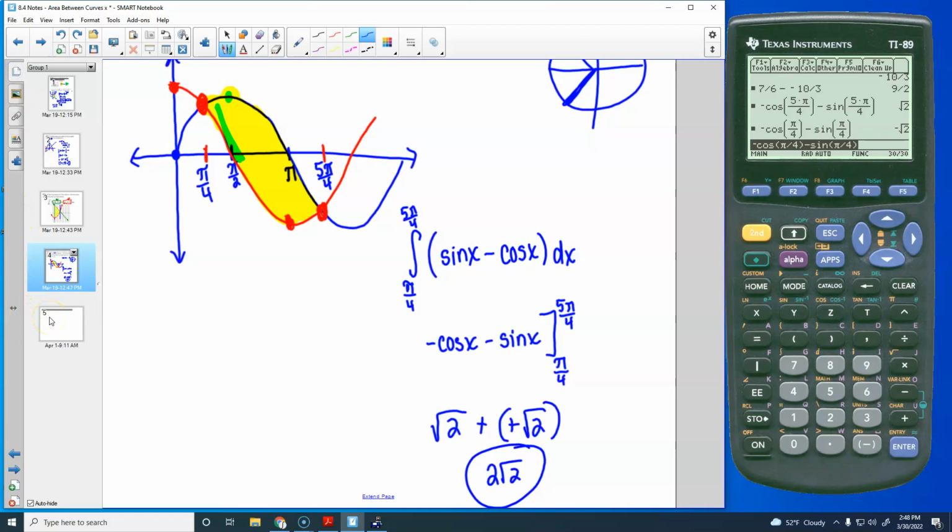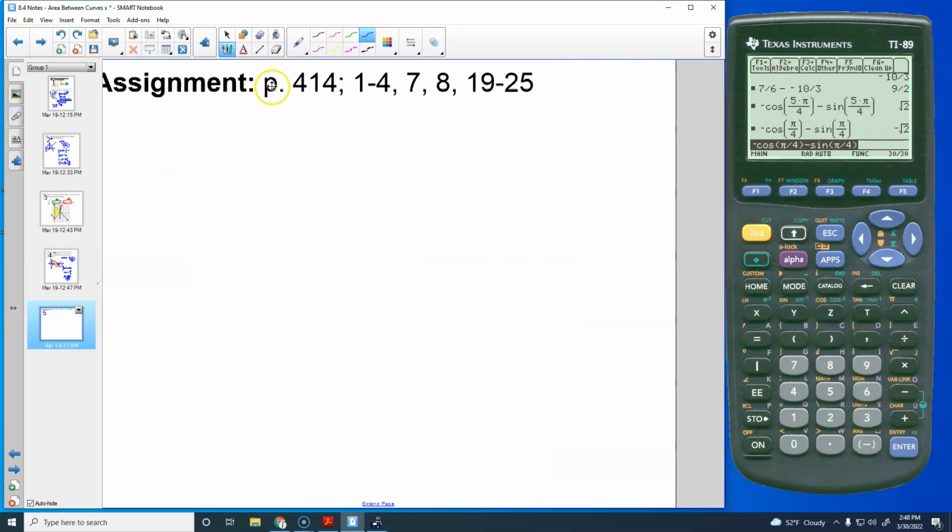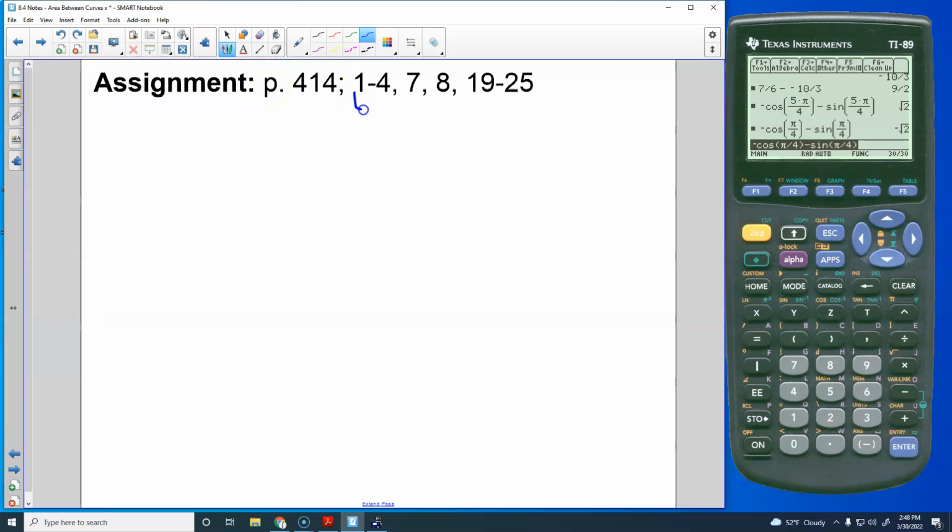Okay, so questions, you guys get the idea? All right, the homework looks longer than it really is. 1 through 4, these just want you to set it up. You don't have to solve, so do not solve. And it gives you a graph also, so it should be pretty simple to set up.